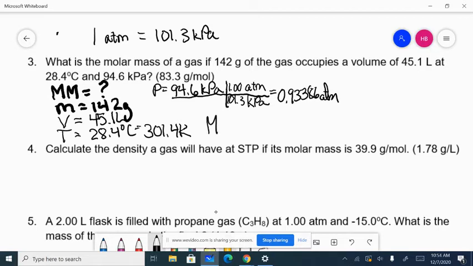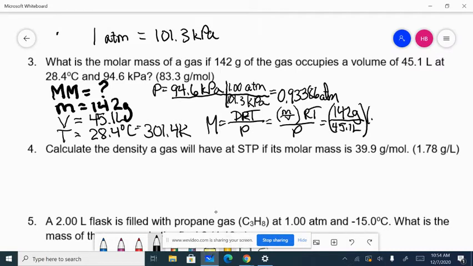So molar mass is equal to dRT over P, or remembering that density is mass over volume, times RT over P, which is 142 over 45.1 liters, times 0.08206.